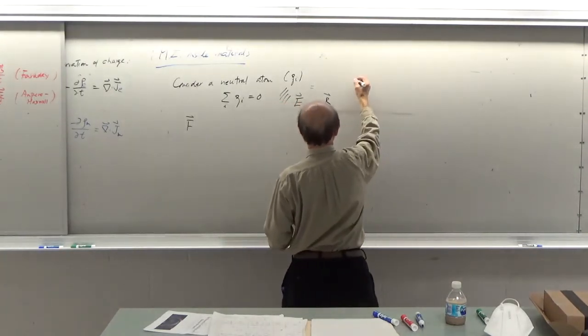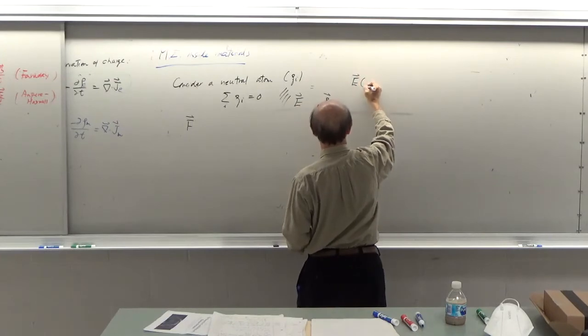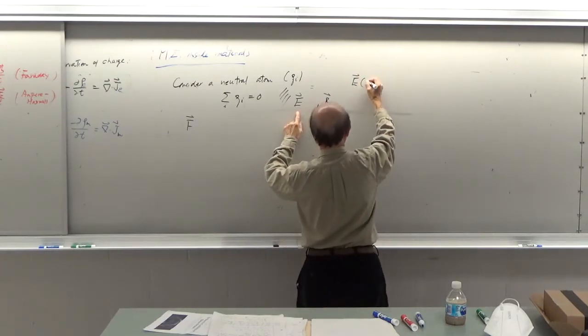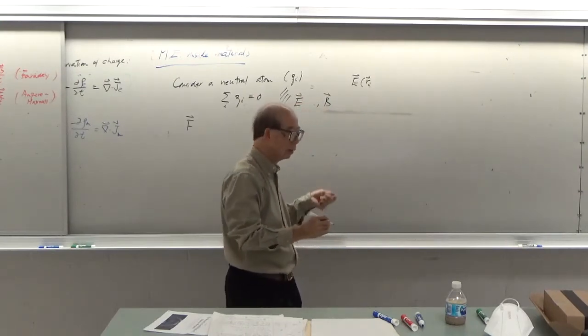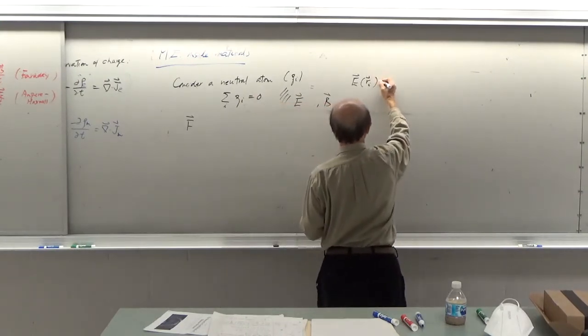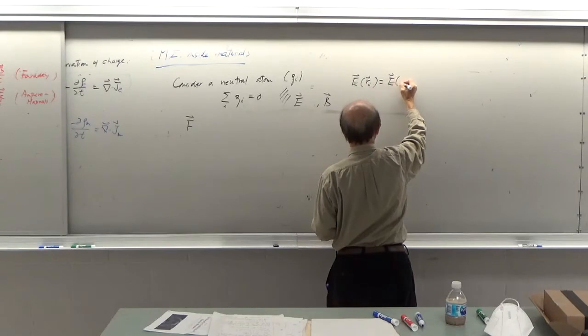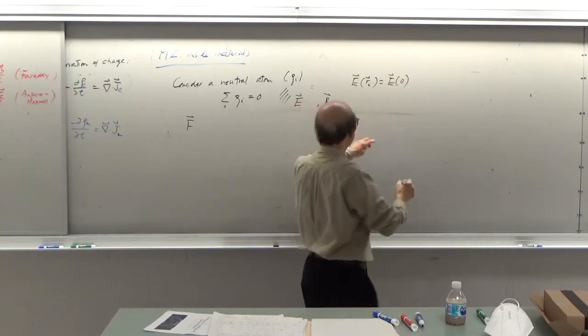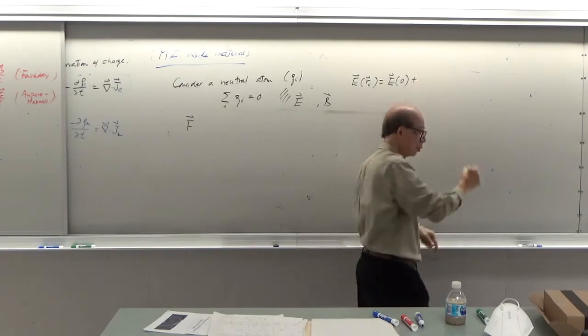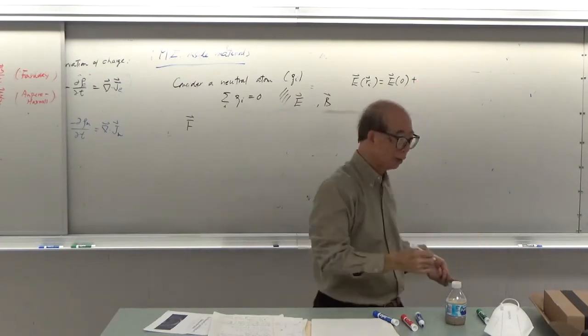So that we can write down the electric field E at the location where the ith charge is located inside the atom as the electric field E at the location of its center of mass, which is the origin, plus the next term using a Taylor expansion.